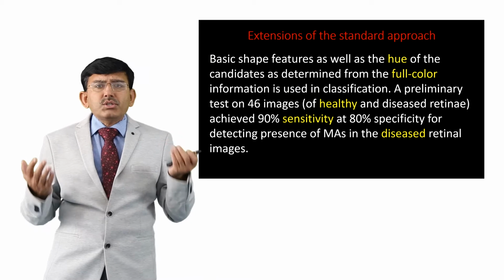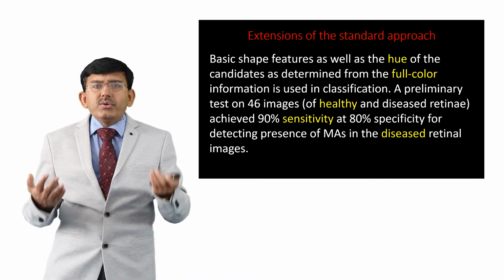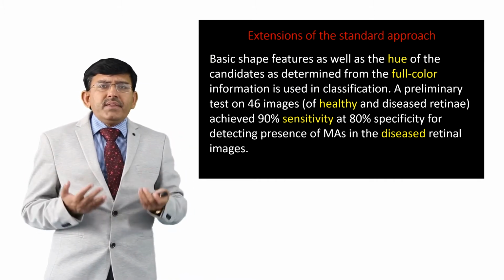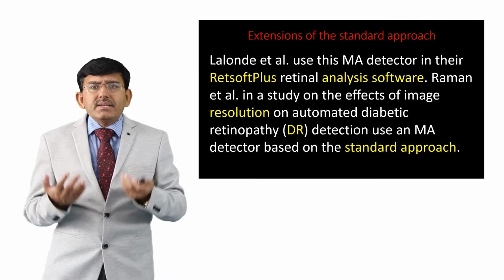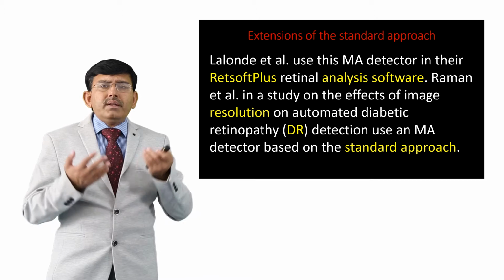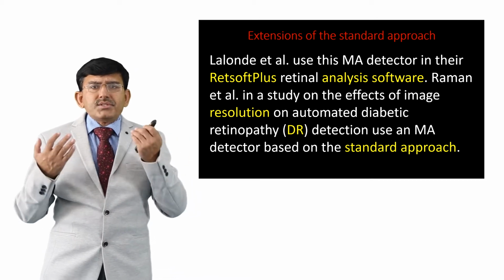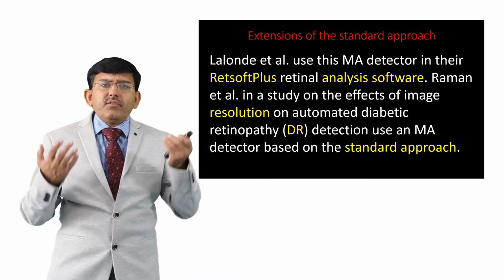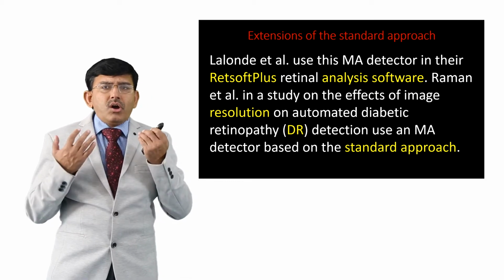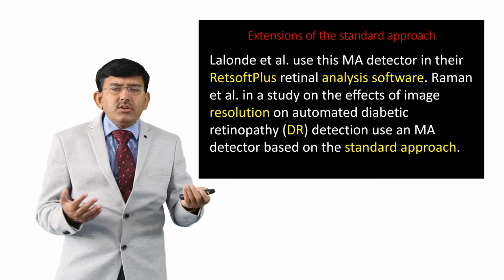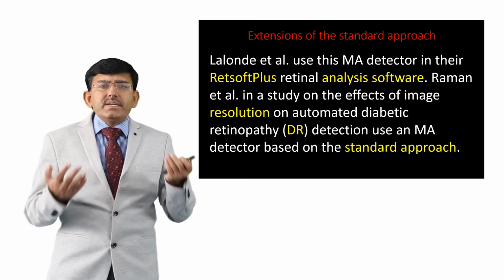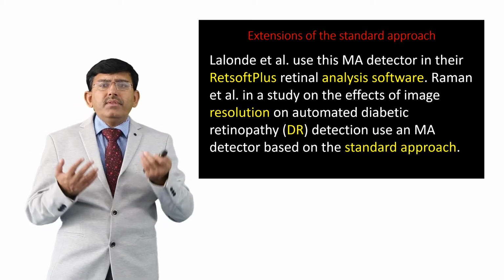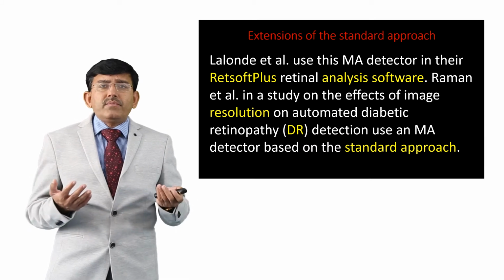Lalonde and his group used this microaneurysm detector in their RedSoft Plus retinal analysis software. Raman and his group, in a study on the effect of image resolution on automated diabetic retinopathy detection, used a microaneurysm detector based on the standard approach.